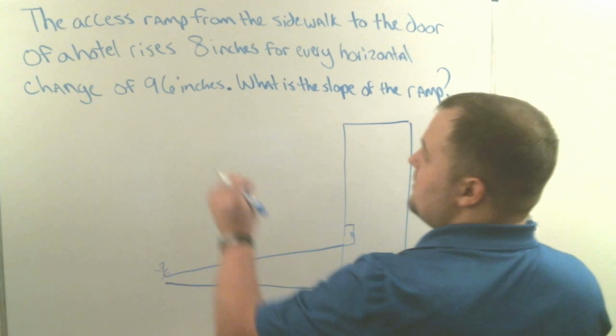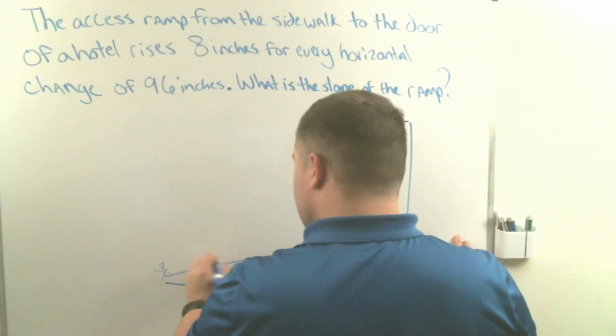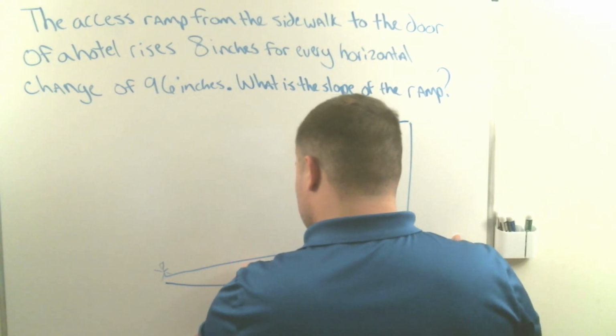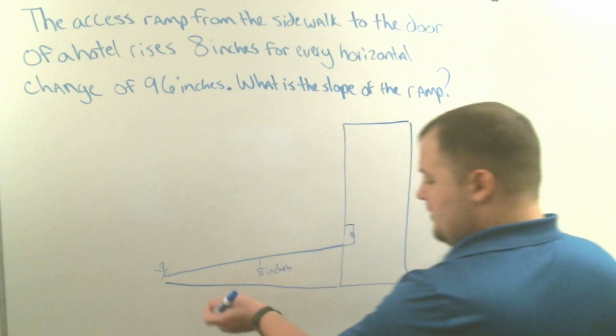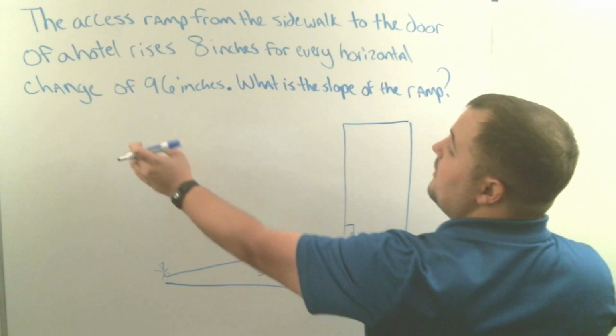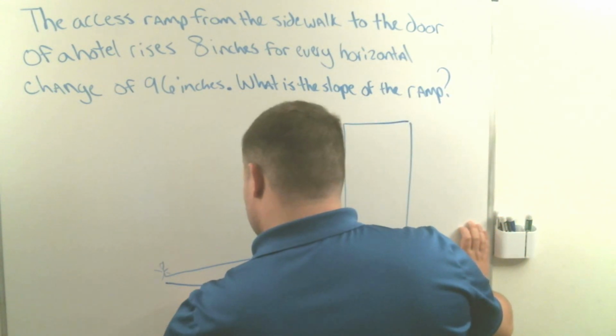Now, what it says is for every 8 inches, so every time that I go up 8 inches, it actually has a horizontal change of 96 inches.